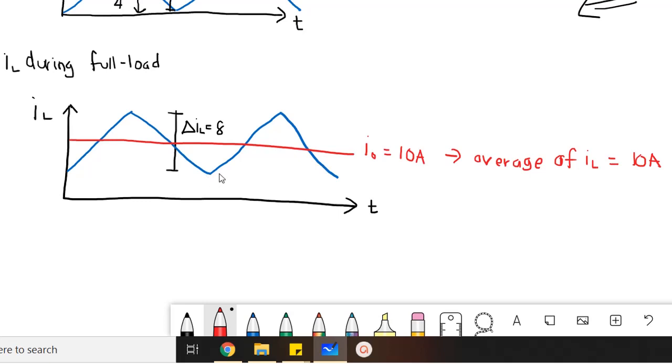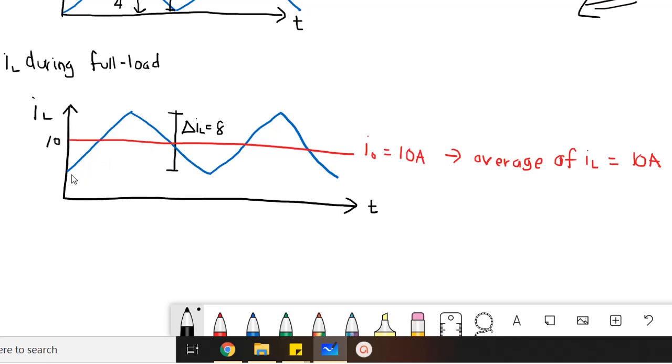Since this line is 10 and the height is 8, half will be under here and the other half of the waveform is up here.